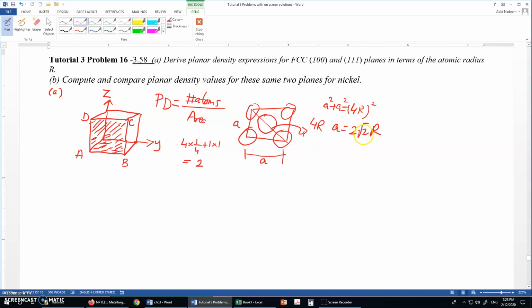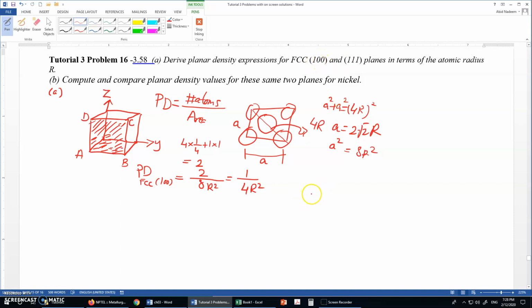The area will be equal to a squared, which is 8r squared. So the planar density for FCC in the 100 plane is 2 atoms divided by 8r squared, which equals 1 over 4r squared. Okay, so this is for the 100 plane.